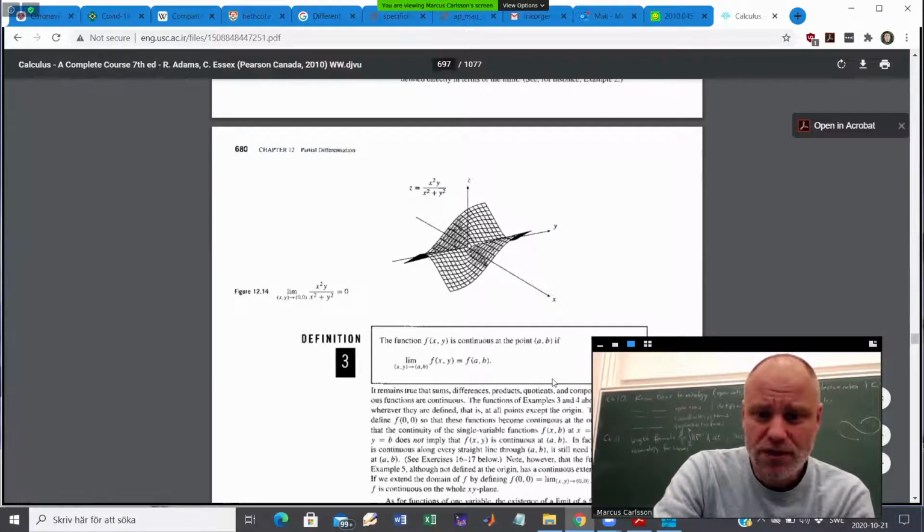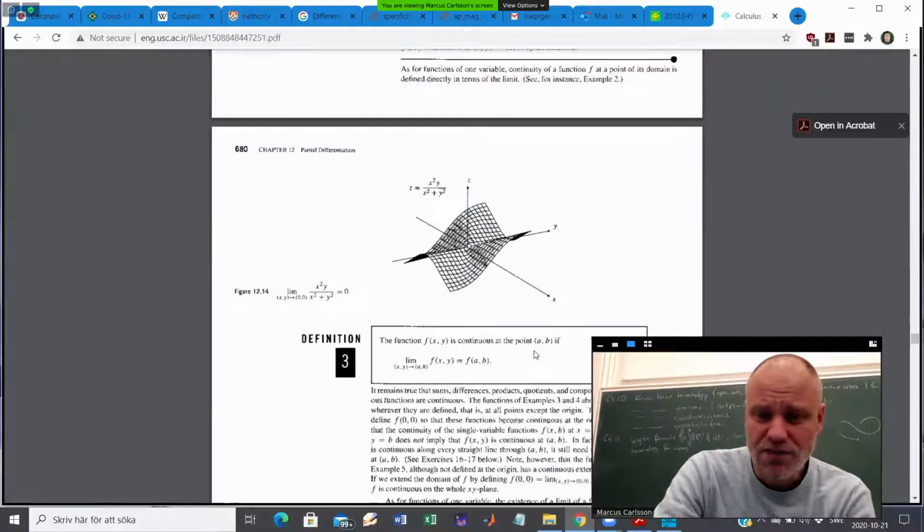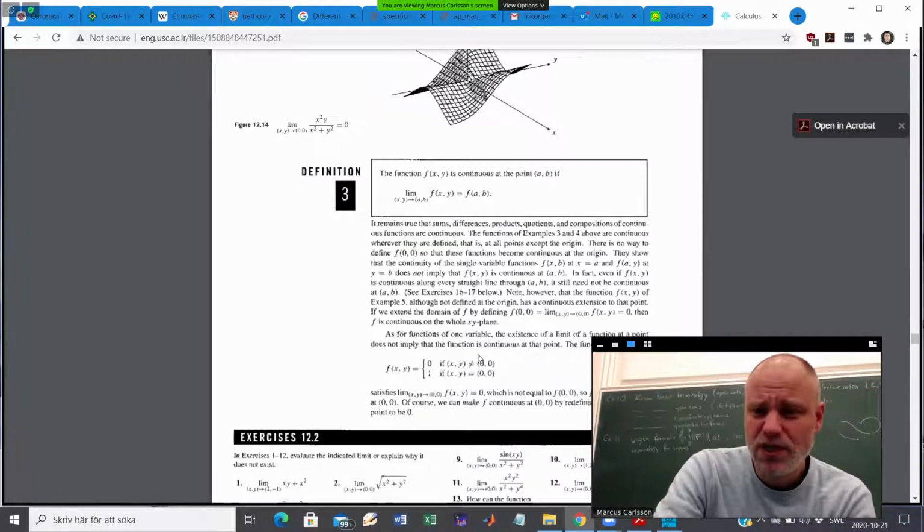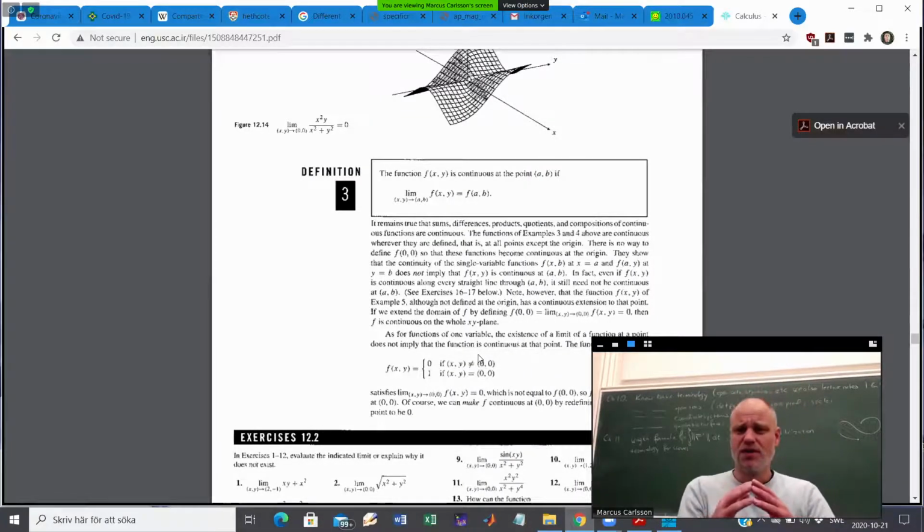So a function is continuous if this is true. There's also the epsilon-delta definition. Well, that's the same thing. But here the book is a bit weak. We go more into this when we do the Weierstrass theorem.